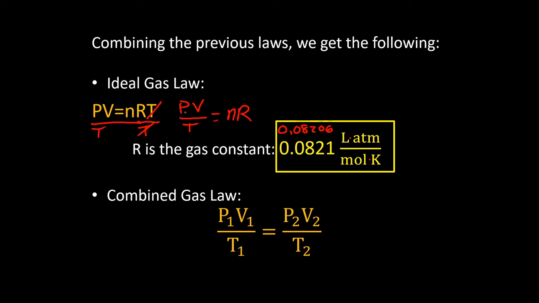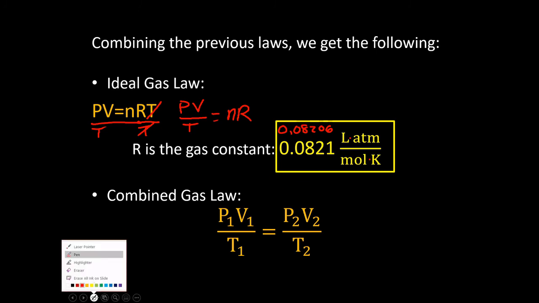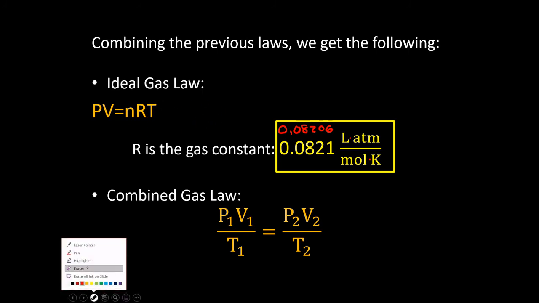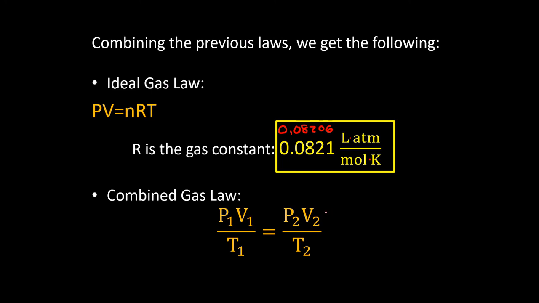And so no matter what changes we do to the pressure, volume, and temperature, if the number of moles is the same, then one group of pressure, volume, and temperature is going to be equal to any other setting, so to speak, of the pressure, volume, and temperature. So you can derive it from the ideal gas law in that way, or like I said, you could also get it from the simple gas laws, just depending on which direction you want to go.